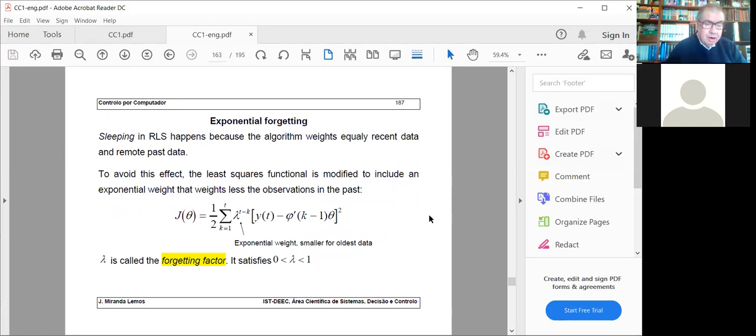You can observe that this is due to the fact that you have a lot of data, okay, and you have an estimate and a covariance matrix that summarizes this past data. Okay? And now a new point comes, and you are adjusting your estimate based on your past history plus 1 point. And the standard recursive least squares is quite conservative.